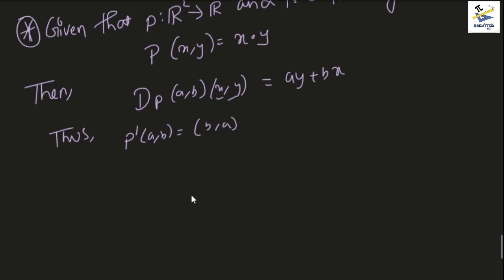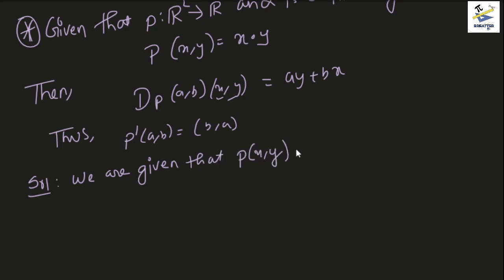Now we are given that P of (x, y) is x times y, so x dot y, and we want to prove that this is true. So this is the linear transformation.